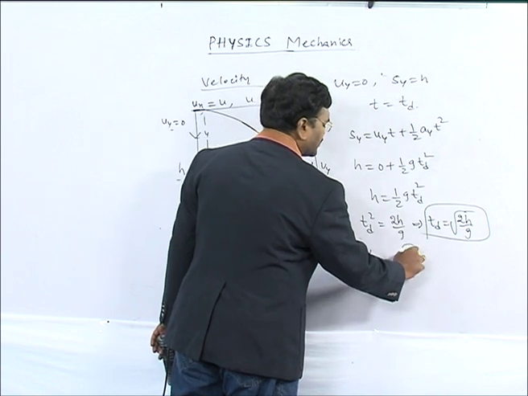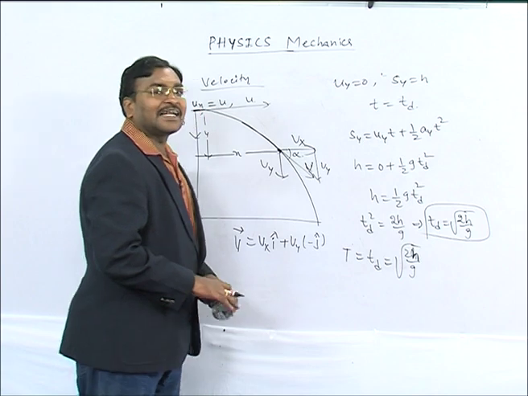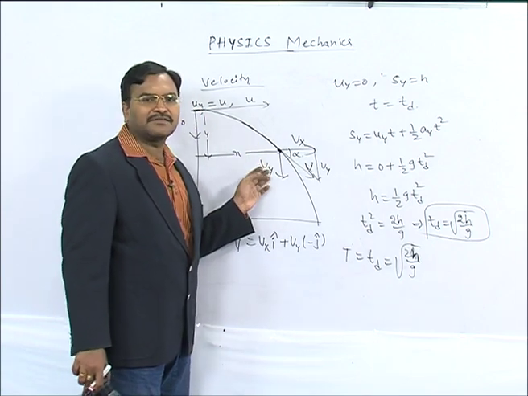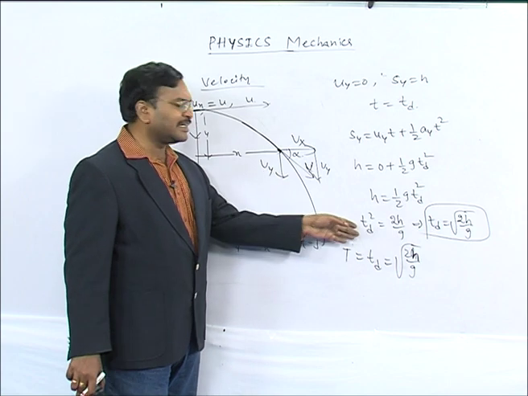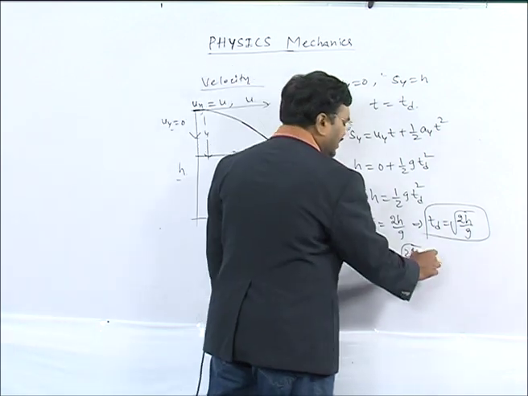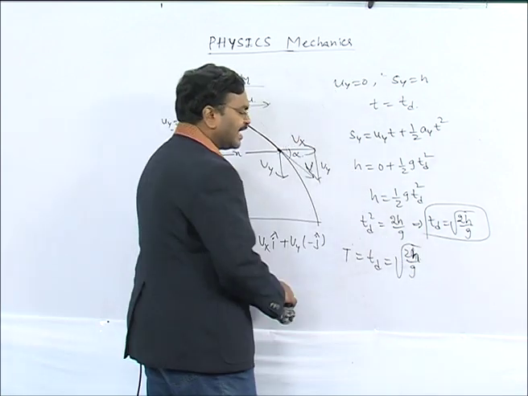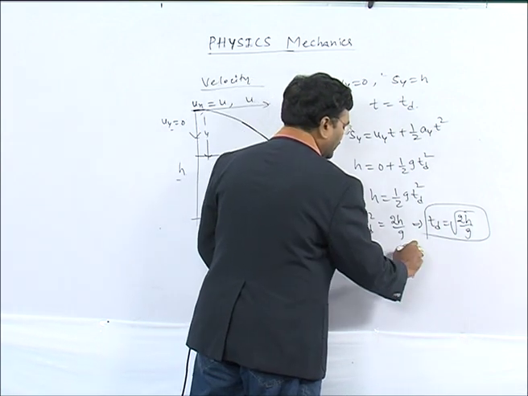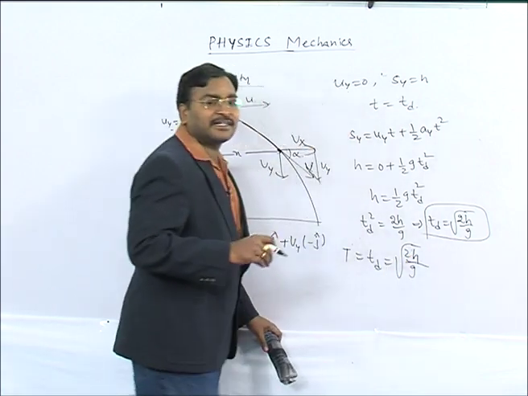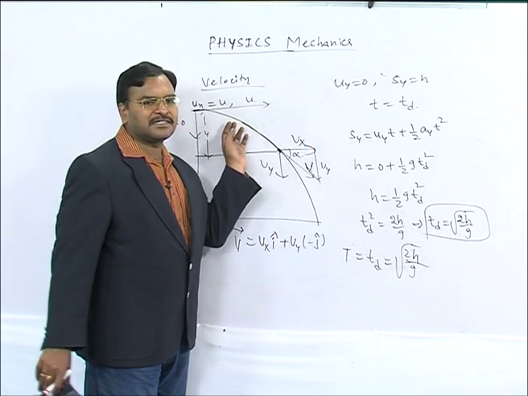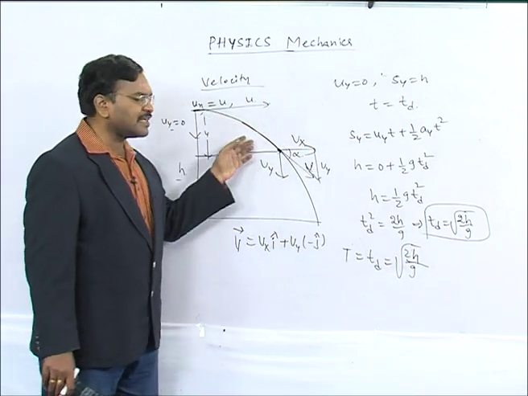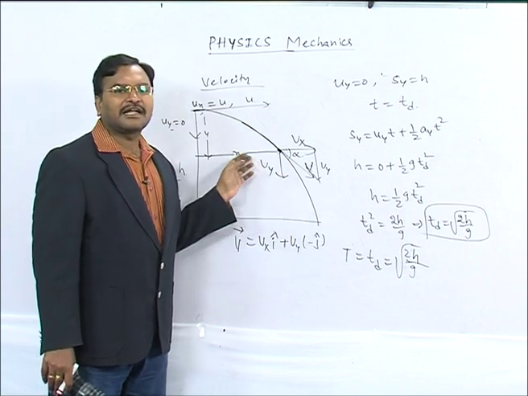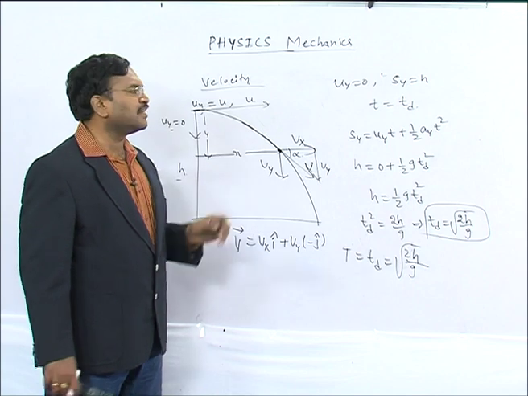Now from this, what do we understand? Time of descent or time of flight of a body projected horizontally from the top of a tower depends on the height of the tower. It is independent of the initial velocity of projection. Whatever may be the velocity, time of descent or time of flight depends on the height of the tower.